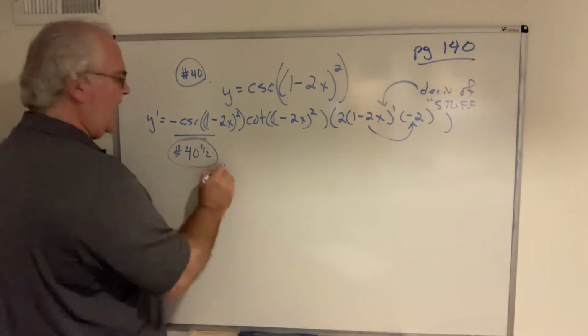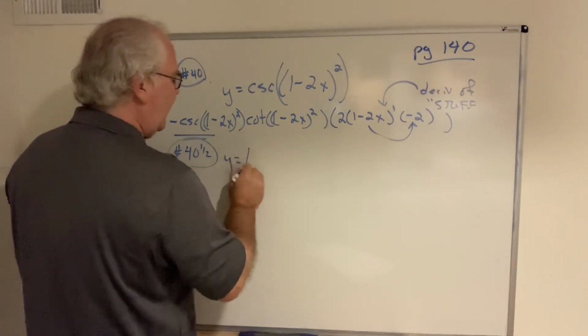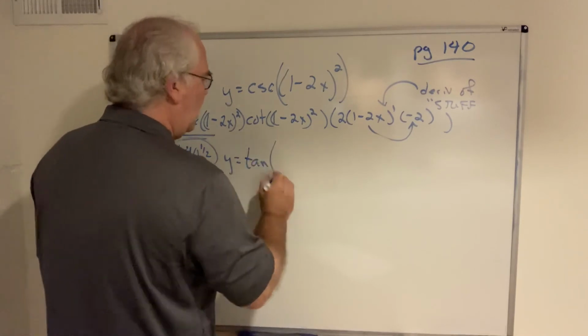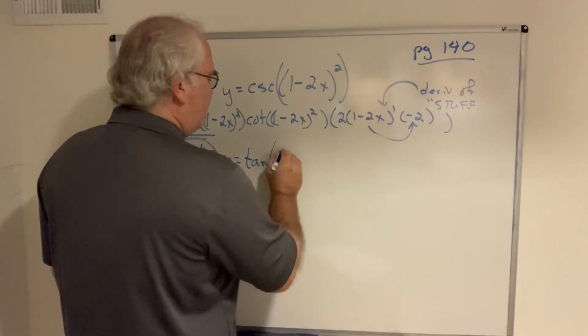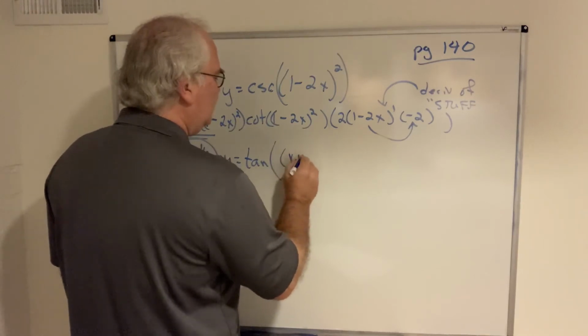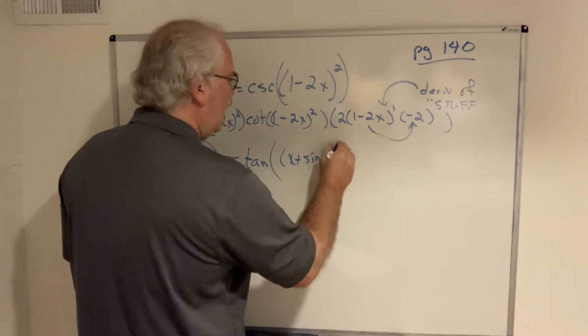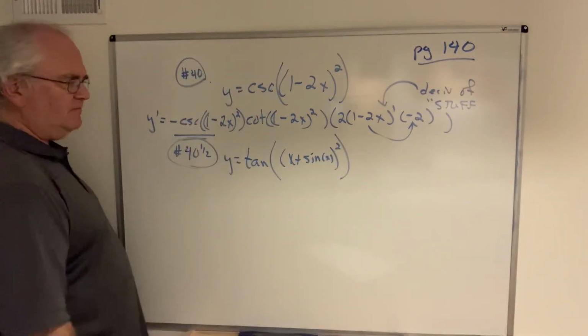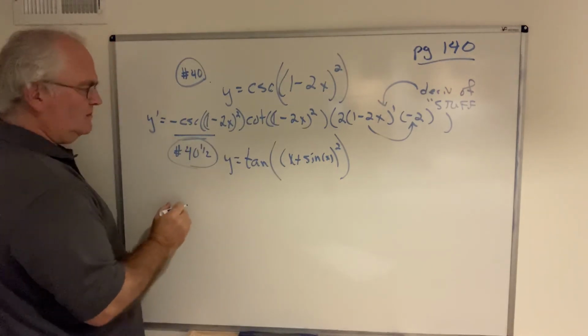Okay, what if we had y is equal to tangent of x plus sine of x, that thing squared? Tangent of this stuff, all right?